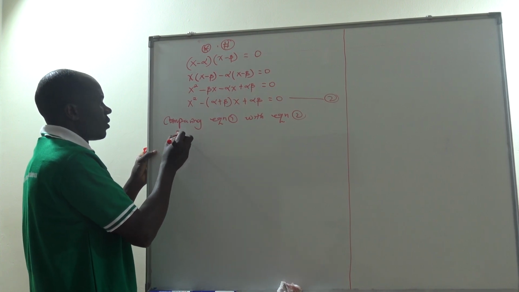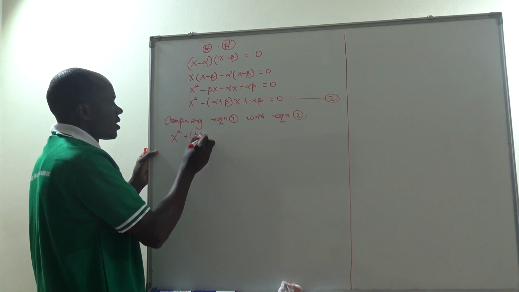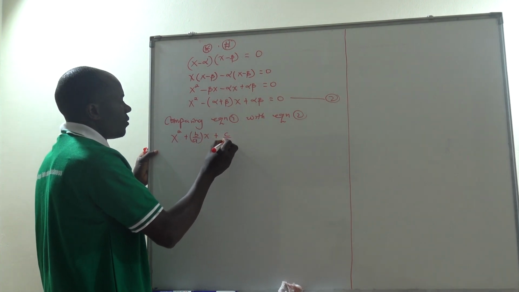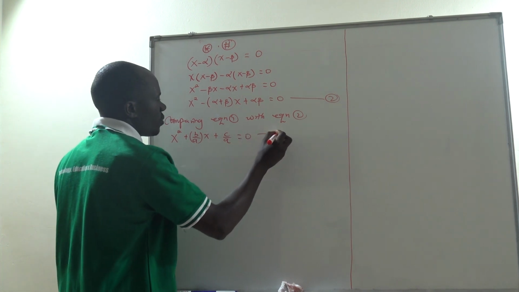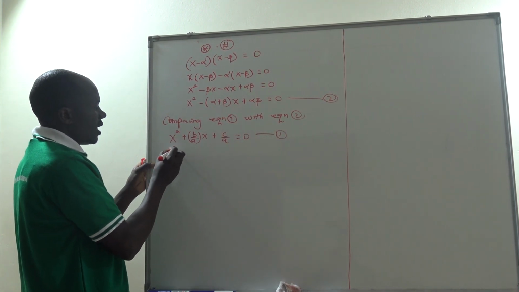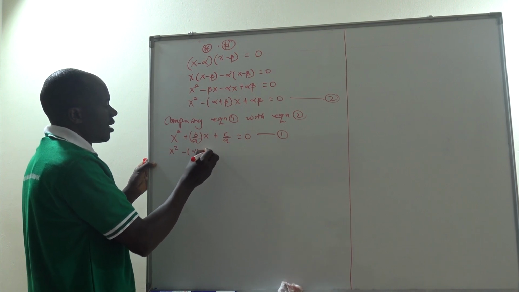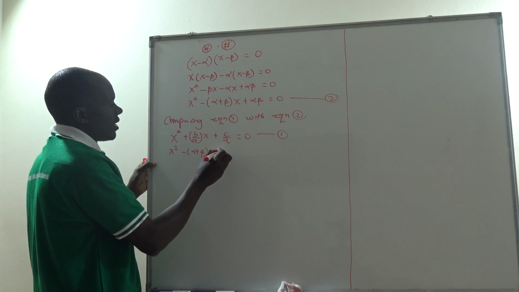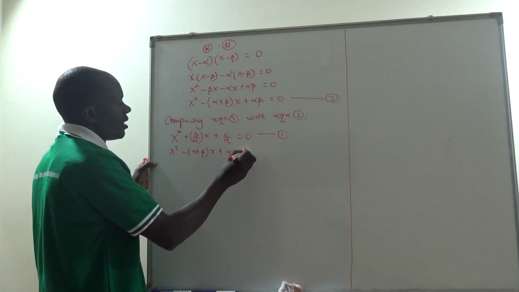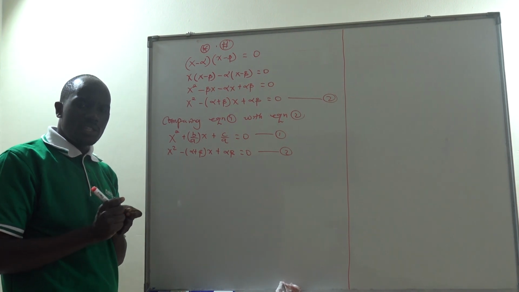Equation 1 was x squared plus b out of a, x plus c out of a equals 0. Then equation 2 is x squared minus alpha plus beta, x plus alpha beta equals 0. This is the second equation. So we are now on the scenario of comparing.